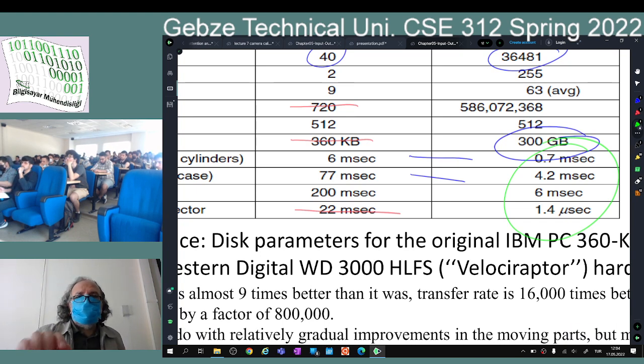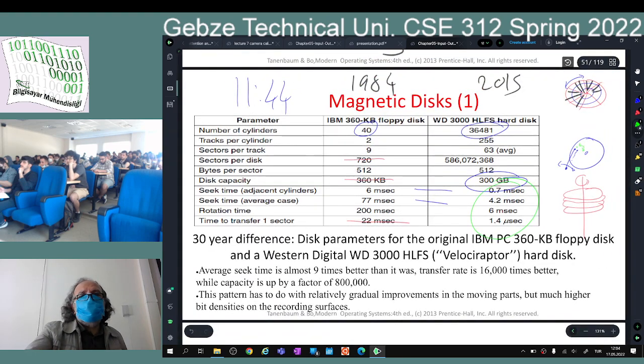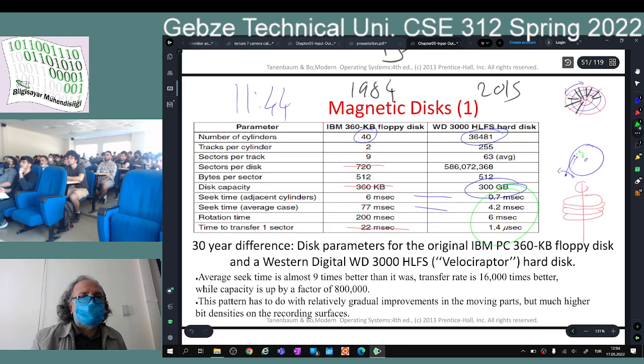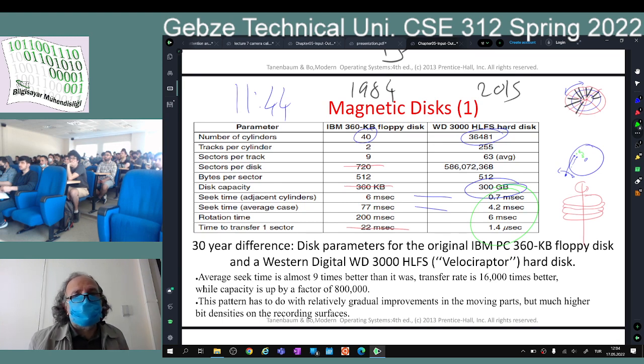But I can again see this one. If I had the RAID technology in 1984, if I connected 8 of them together or 10 of them together, my transfer rates would have been 2.2 milliseconds per sector, right? So 10 times faster than what IBM offers during those days. That would have been an impossible number even for the most expensive disk.